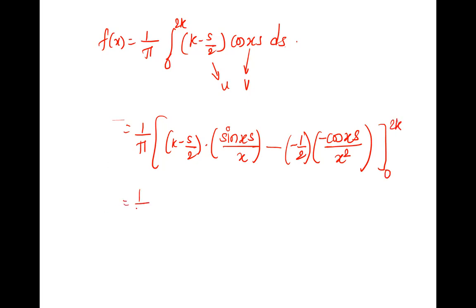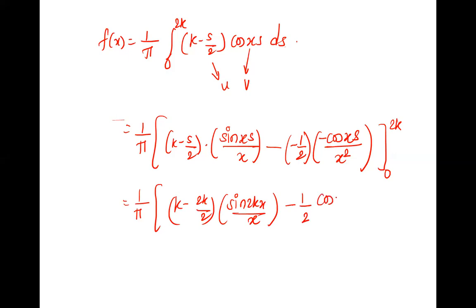Right. So now you are placing the limits for which variable? s. So s you are writing first as 2k here. So it is k minus 2k by 2, 2 cancel, k minus k. Okay, just write it down. K minus 2k by 2 sine 2kx by x, minus 1/2 cos x into 2k upon x square.